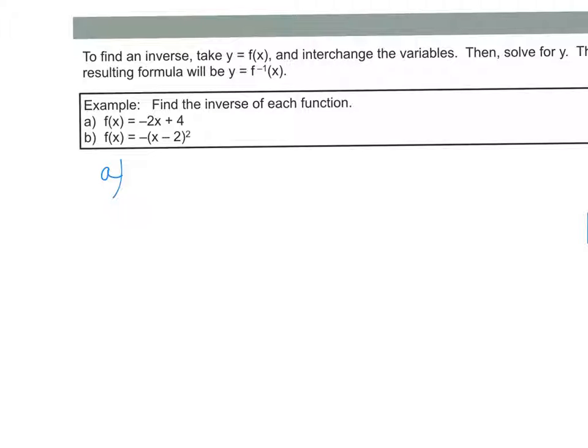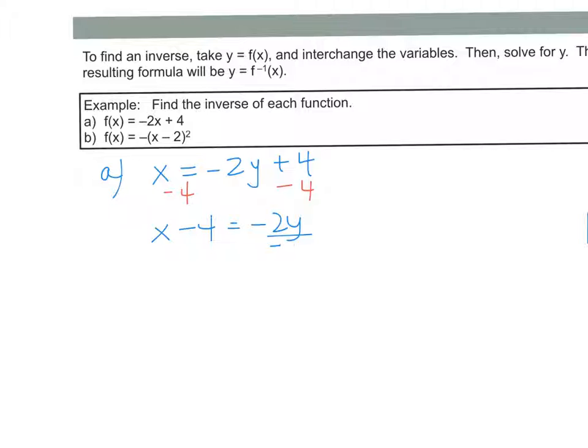So with f of x equals negative 2x plus 4, you instead write it as x equals negative 2y plus 4. All I did is switch the x and the y, and then I would solve for y. I would subtract 4 on both sides, so I get x minus 4 equals negative 2y.